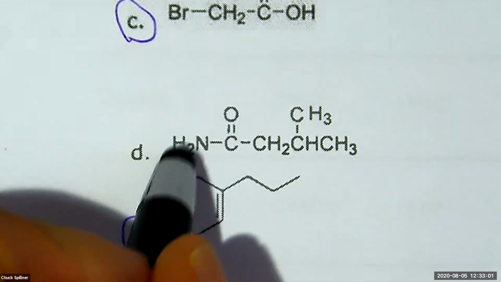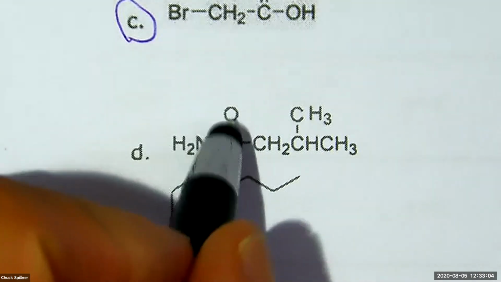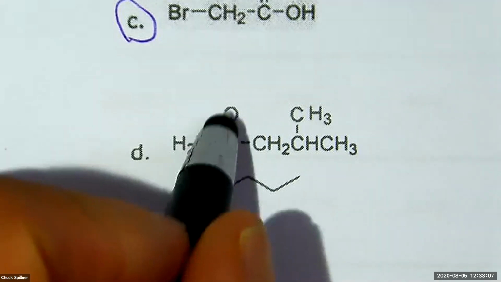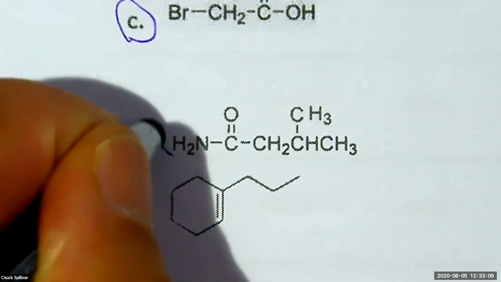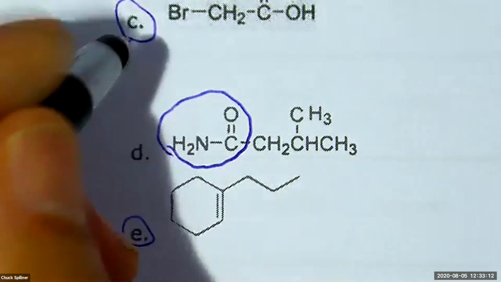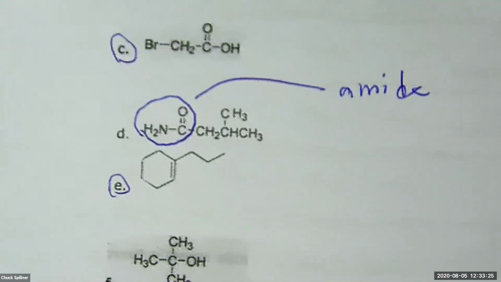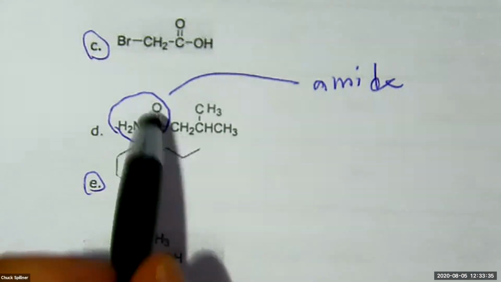It looks like an amine, and it looks like maybe a ketone or an aldehyde, but when you have this combination, that makes a functional group called an amide. So that's an amide. I'll write that there. And what else? Well, that's all there is. There's nothing else; the rest of this is the alkane or alkyl part of the molecule.